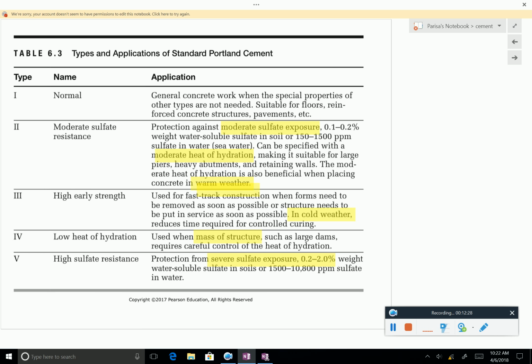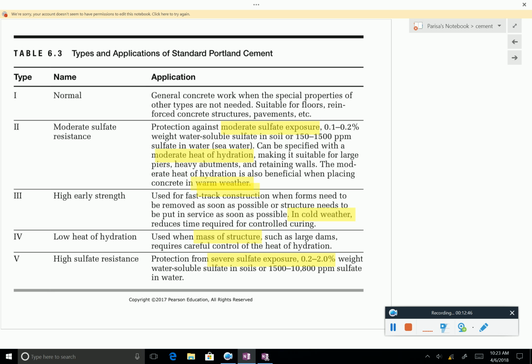So here is kind of, thank you. So you see that these are also different types.